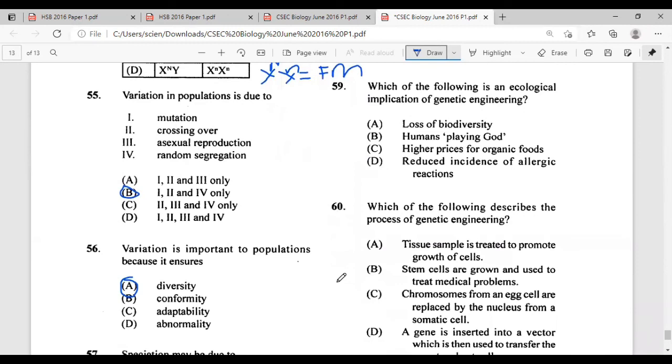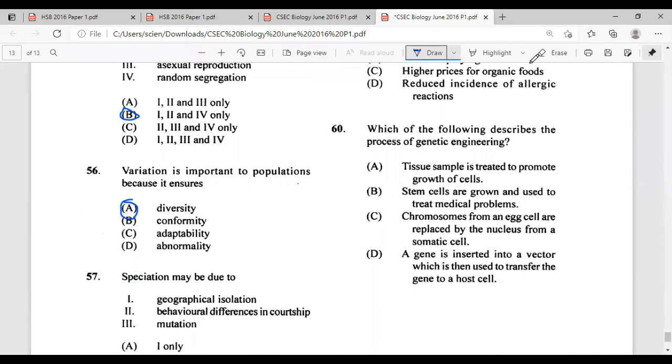59. Which of the following is an ecological implication of genetic engineering? So we have A, loss of biodiversity, B, humans playing God, C, higher prices for organic food, D, allergic reaction. So the answer is definitely A, loss of biodiversity. Question 60. Which of the following describes the process of genetic engineering?